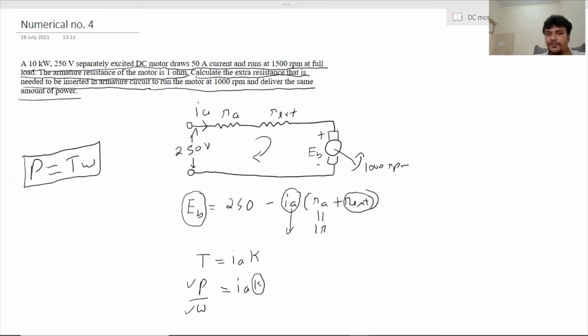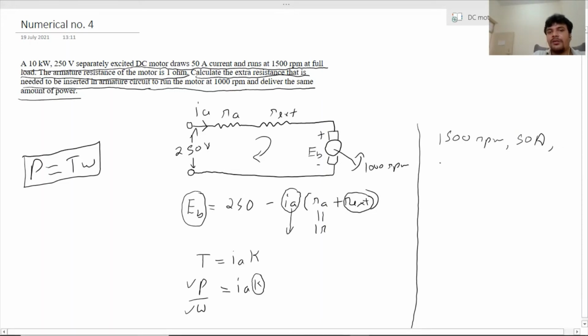Okay, so how to calculate K? We know how to calculate K. We can use the first condition here, in which the machine was rotating at 1500 rpm and taking 50 ampere current, and there was no external resistance, just normal resistance was there.